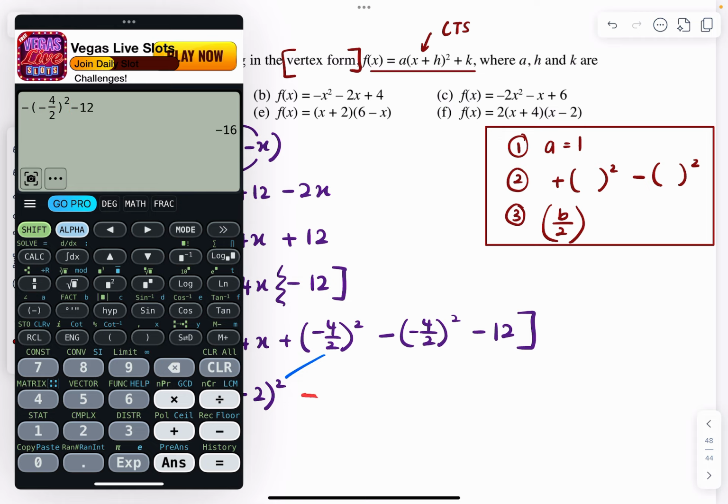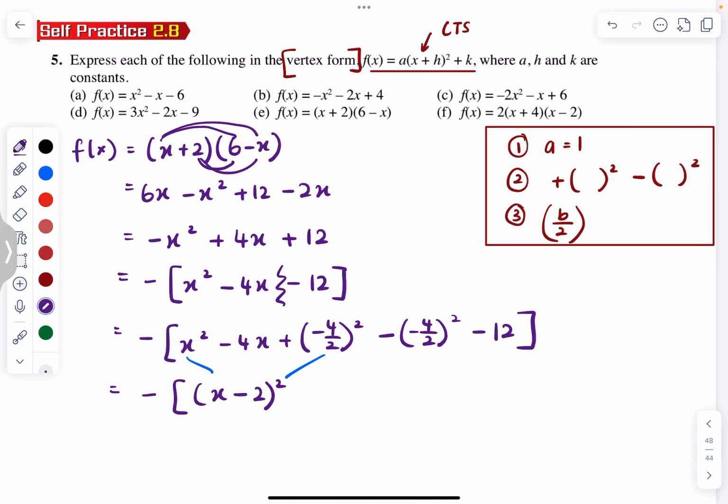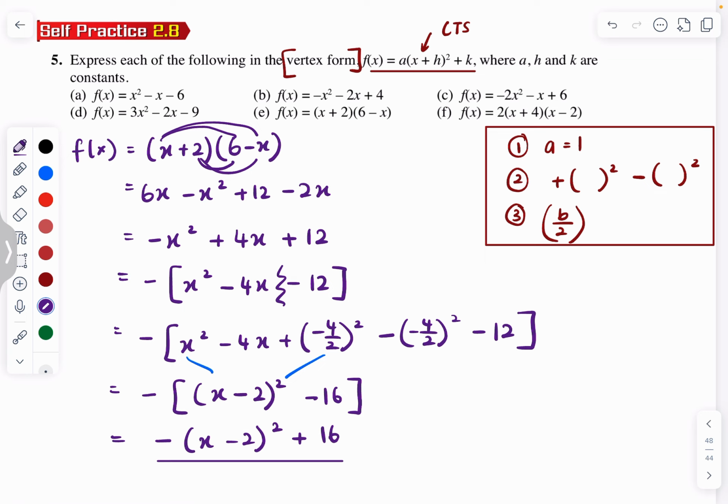We get negative 16. Then we expand the negative. We'll get negative x minus 2 square plus 16. Done. That's it. This will be E.